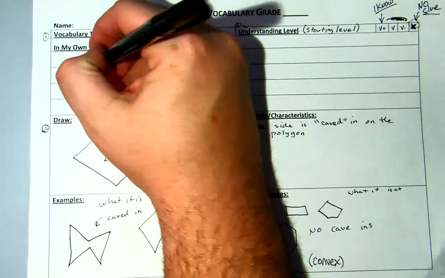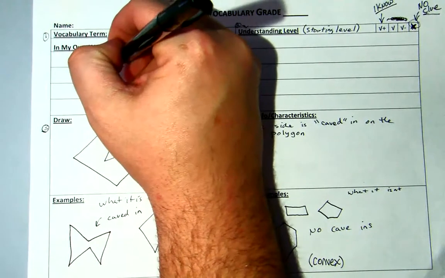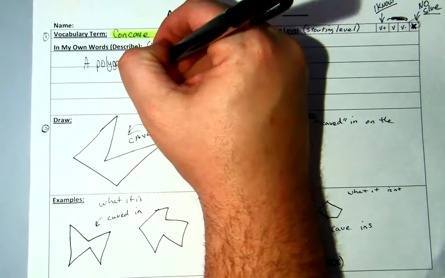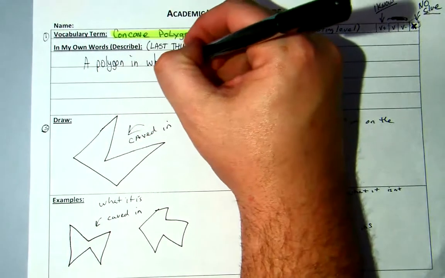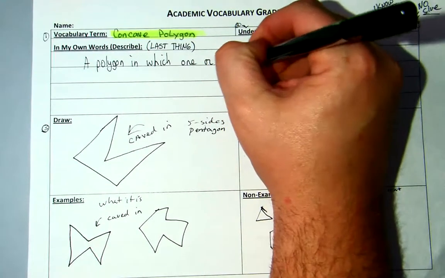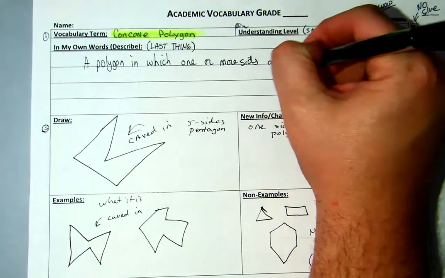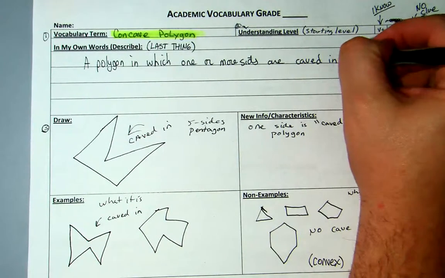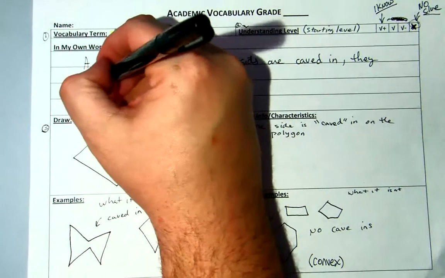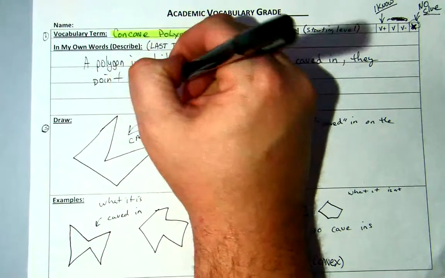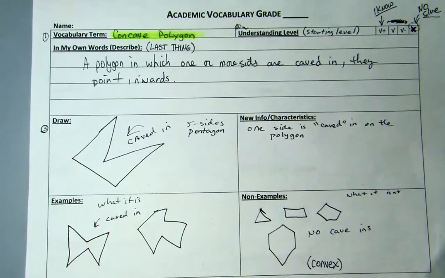You could say a polygon in which one or more sides are caved in. They point inwards. Is this a true mathematical definition?